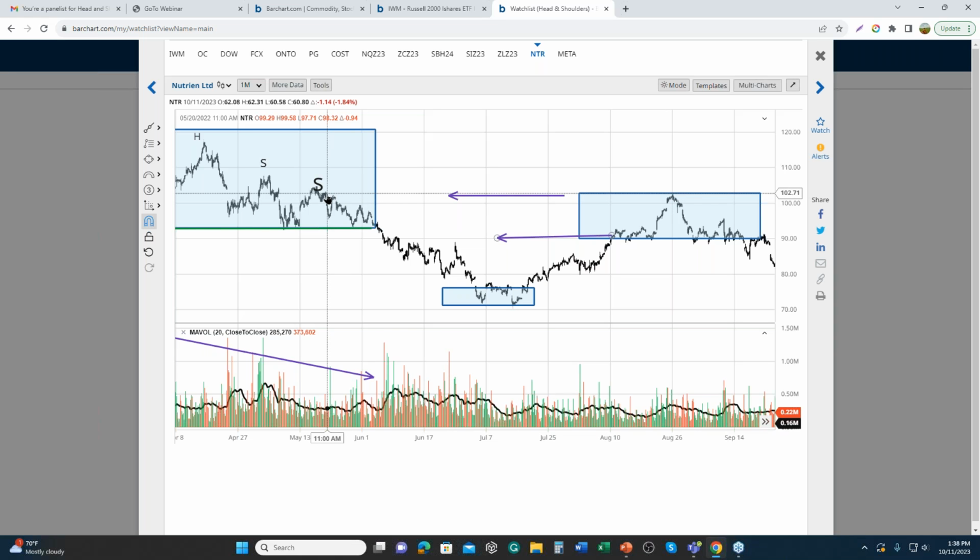So again, using these former levels or components of our original head and shoulders is now an area where we can enter or re-enter this market based on this concept of support and resistance, in this case, resistance.